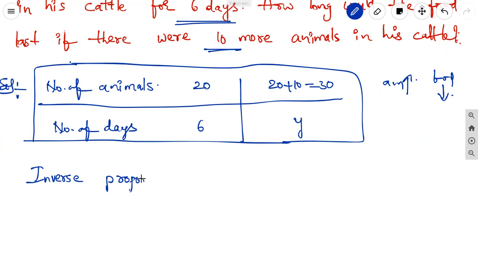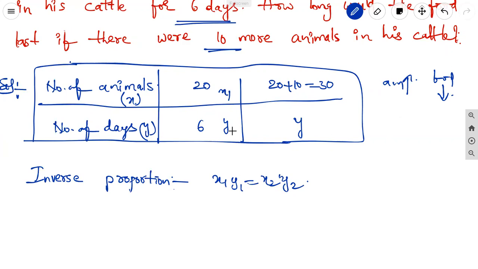Inverse proportion relation is x1 y1 equals x2 y2. Here the number of animals is denoted by x, the number of days by y. It is x1, y1, x2, y2. Here 20 into 6 days equals 30 into y.